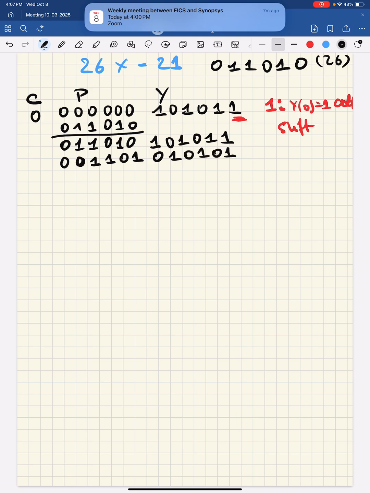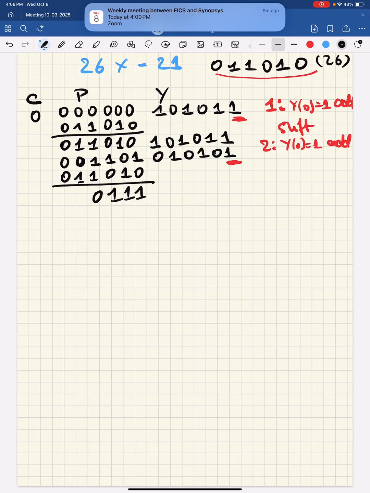Second iteration: y0 is equal to 1. We will add the value of x, which is that here, and that gives us 0, 1, 1, 0, 1, 0. So 1, 1, 1, 0, 0, and then here 1.